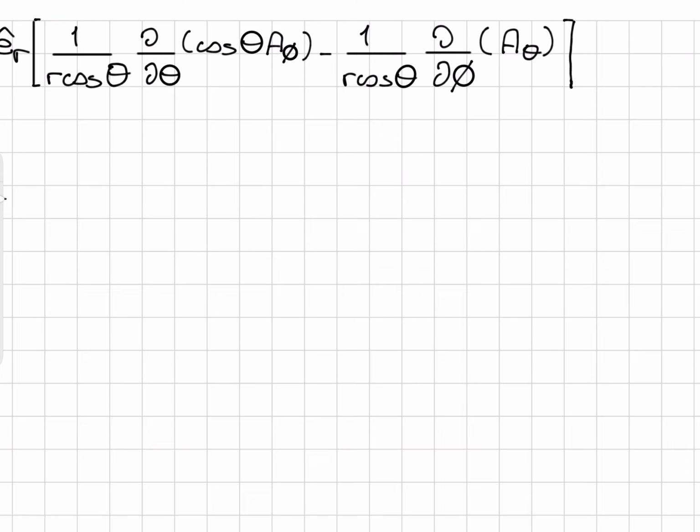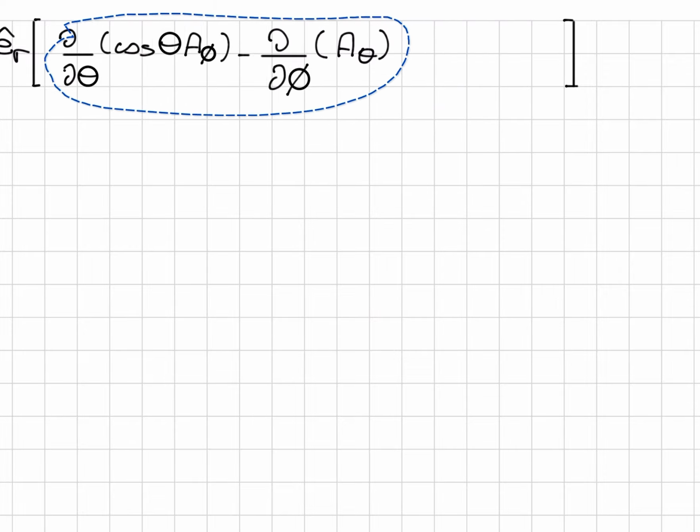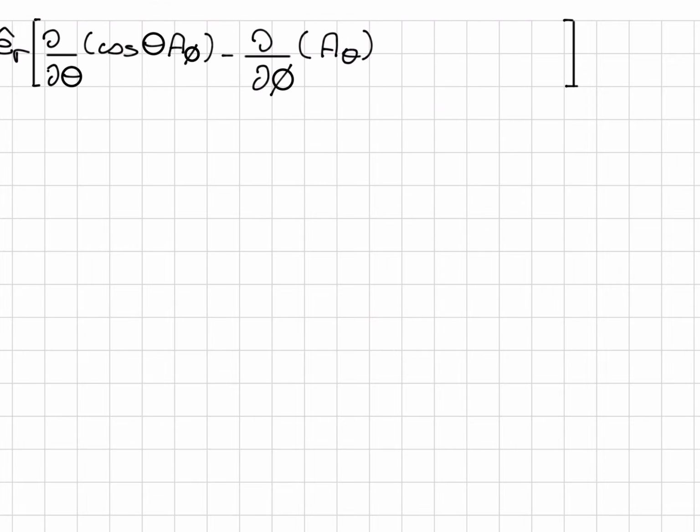Now I realize that I could just write this in 1 over r cosine theta parentheses. So let's do that. So this is all multiplied by 1 over r cosine theta. That's for the e r hat term.